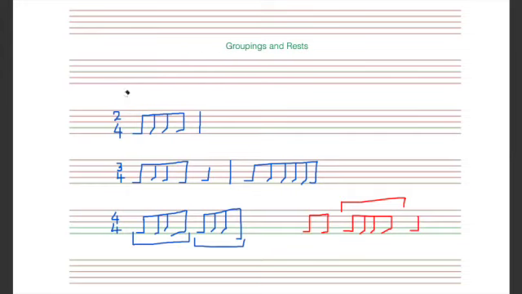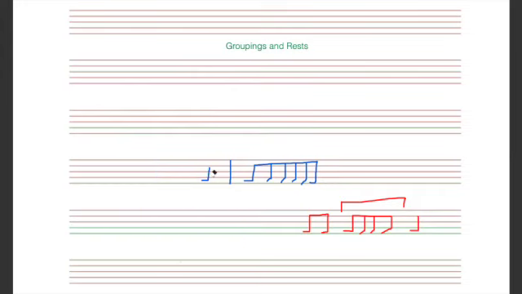In 3/8 time, 3/8, 4/8, or 2/8. In these time signatures, these are still simple time signatures, it's also generally accepted that we join all of the notes together.